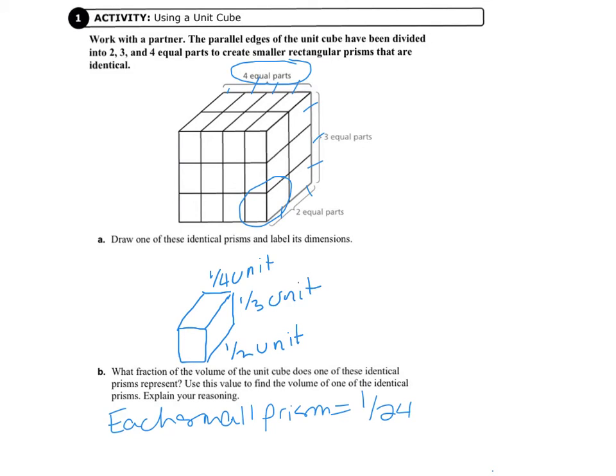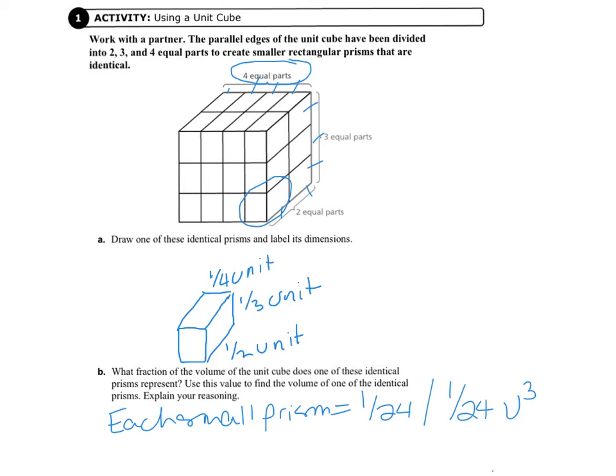And then it says use that value to find the volume of one of the identical prisms. So one of the identical prisms would simply be 1/24th units cubed. So you would write that as 1/24th units with a 3 in the sky.